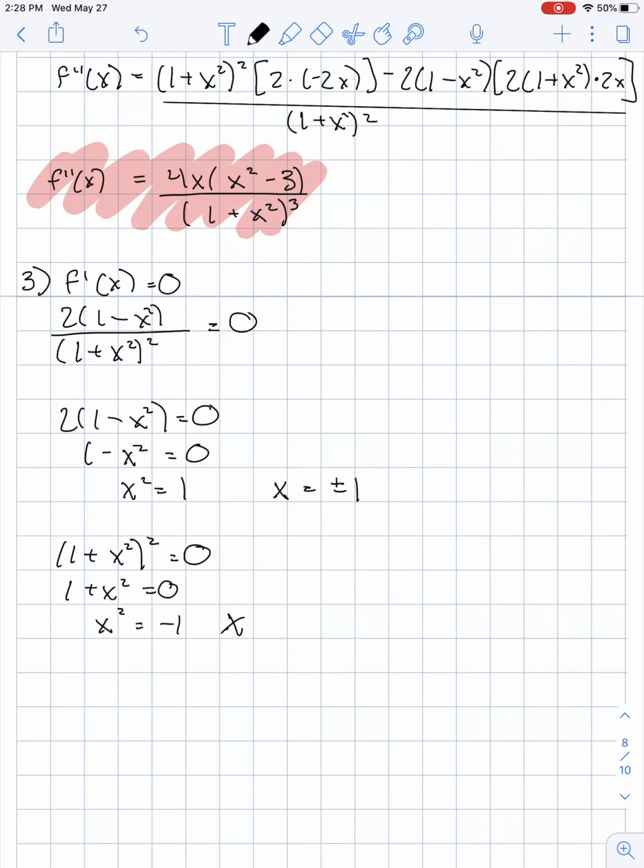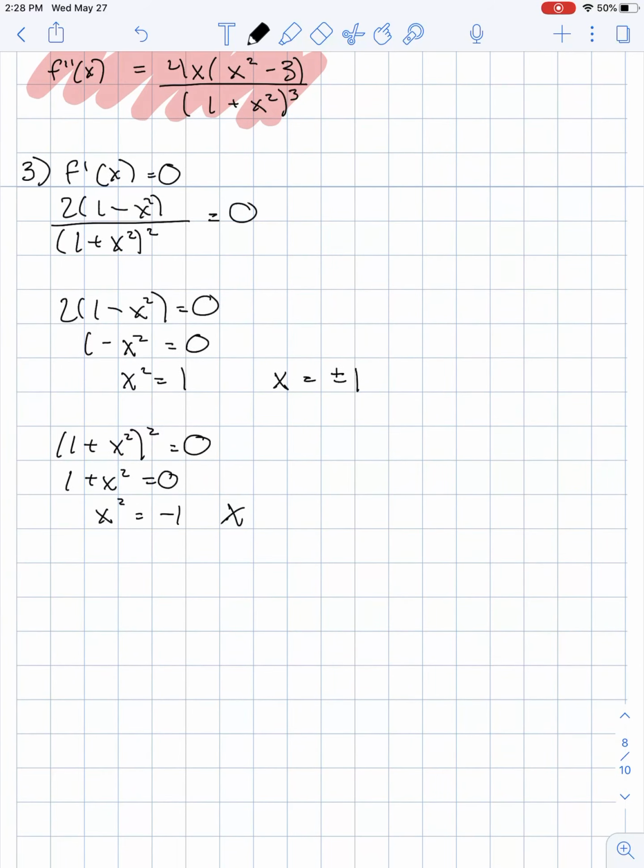So since we already have our second derivative, let's just plug into this and do the second derivative test. So I'm going to have -1 and 1. And I'm actually going to plug those into the second derivative to see if they give me a positive or negative, and that'll tell me if there's a max and a min.